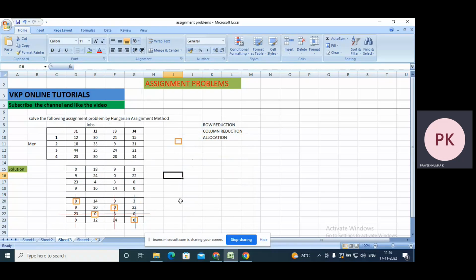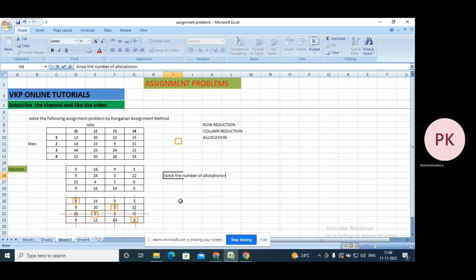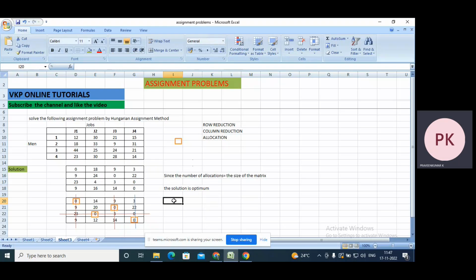So we need to write that I conclude that since the number of allocations is equal to the size of the matrix, therefore the solution is optimum.